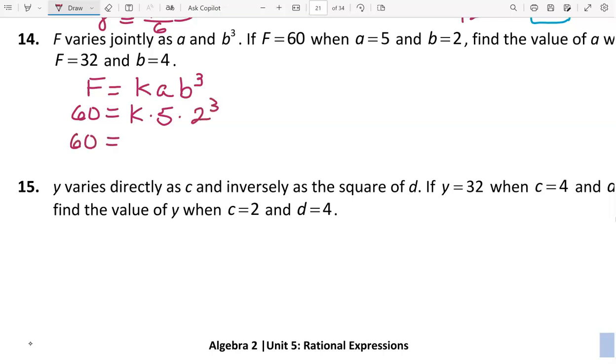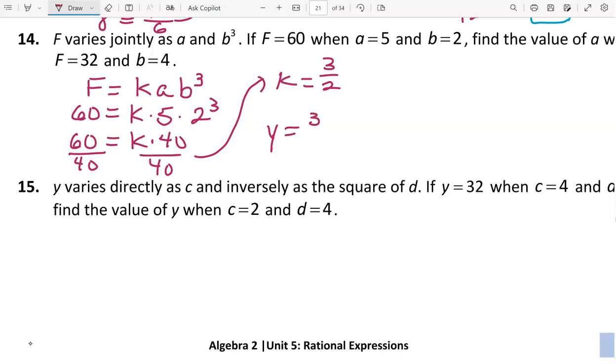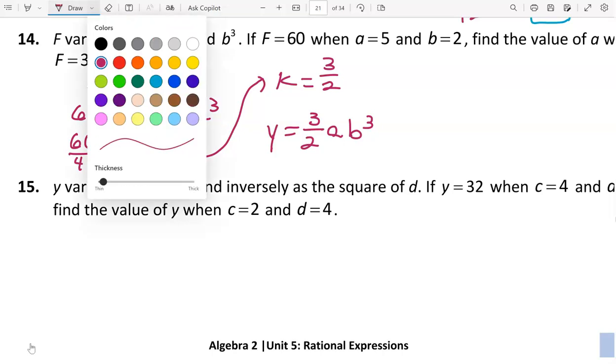So that gives us 60 is equal to k times, and 2 cubed is 8 times 5 is 40. So dividing both sides by 40, we get a k value of 3/2 when we reduce the fraction. So the equation of variation is y is equal to 3/2 times a times b cubed.